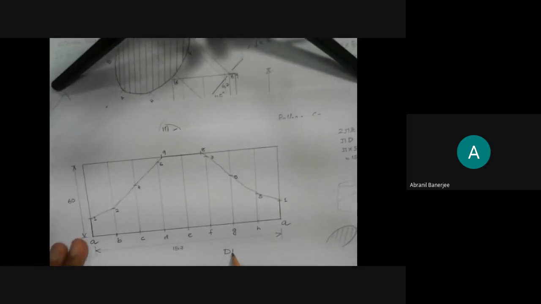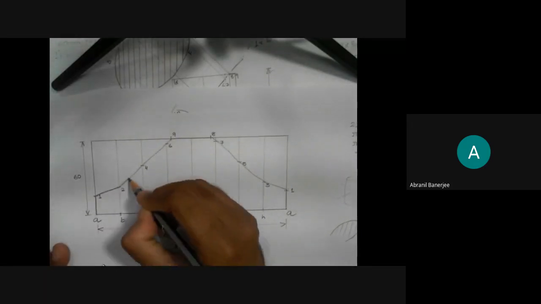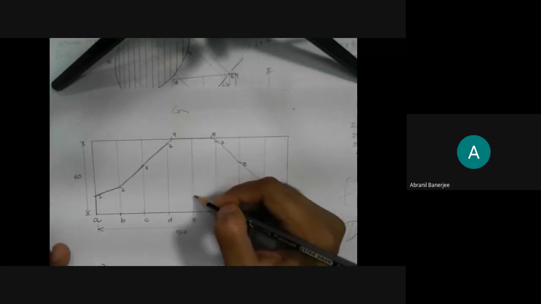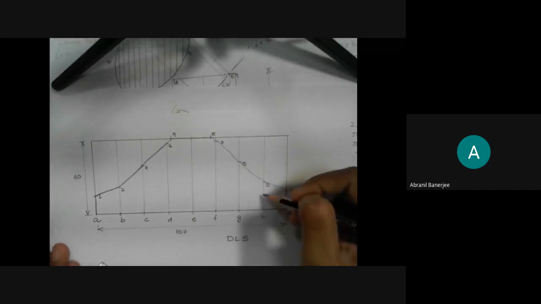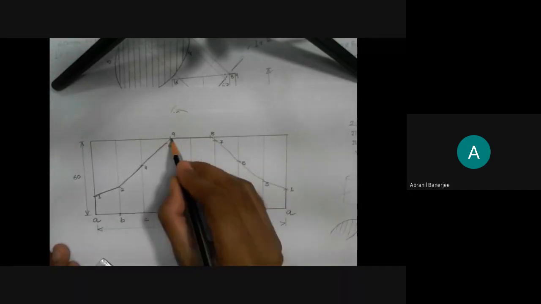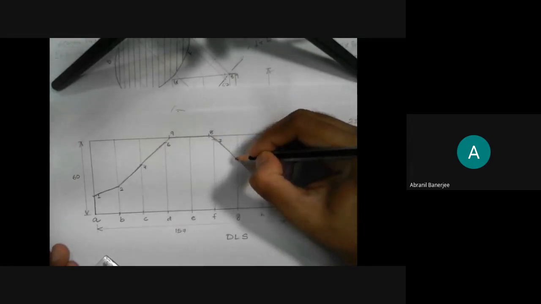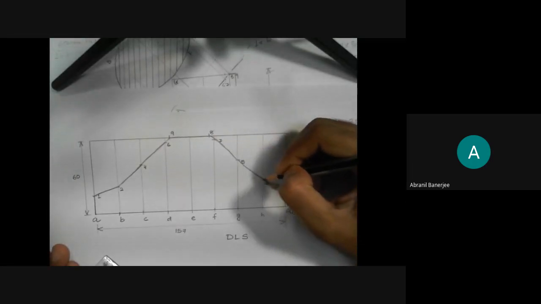So this is nothing but your DLS. DLS stands for development of lateral surface. So you can dark this particular portion. This does not have to be darkened because these are the drawing edges, but a cylinder has no edges. I will be taking the next question as a cube. I'll make you understand there. Okay. So this is what you will understand now.